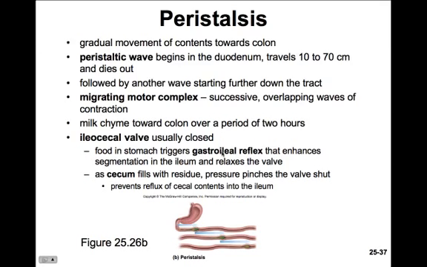As the cecum fills with residue, pressure pinches the valve shut and stops further movement of material into the cecum and prevents backflow from the cecum into the small intestine.